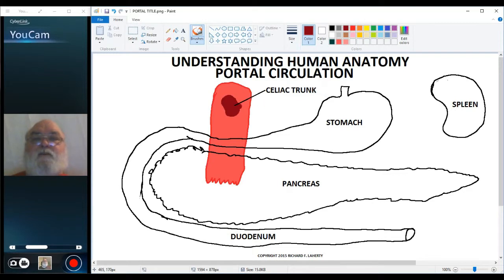The first is the left gastric artery. And the left gastric artery runs over to the stomach like so.